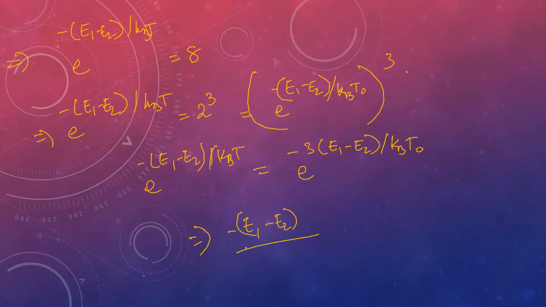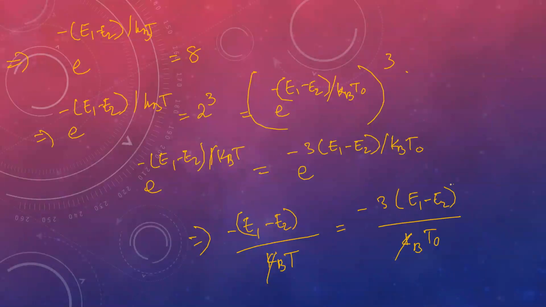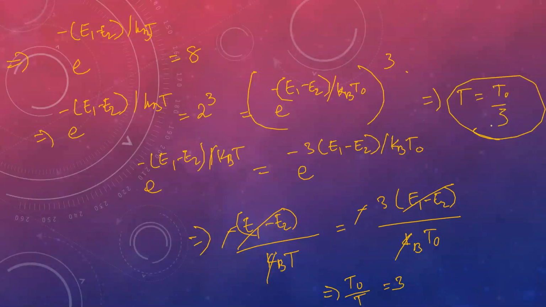I can equate the exponent parts. KB cancels, E1 minus E2 cancels, minus cancels. So T naught by T is equal to 3. So T is equal to what? T naught by 3. Okay, let's see.